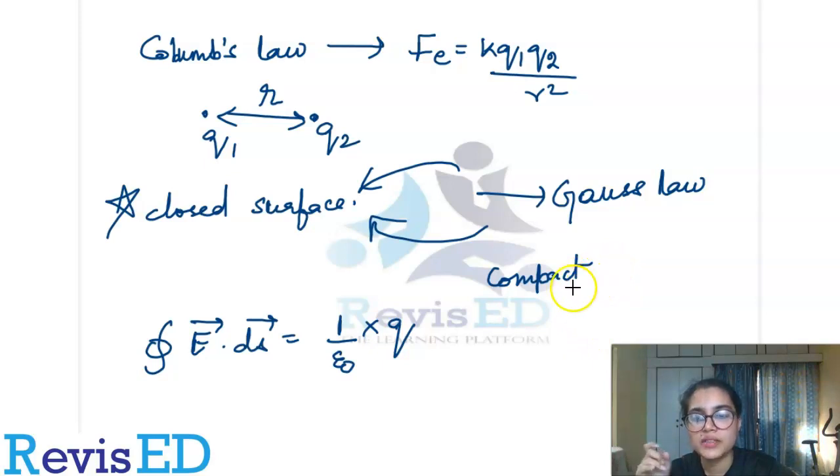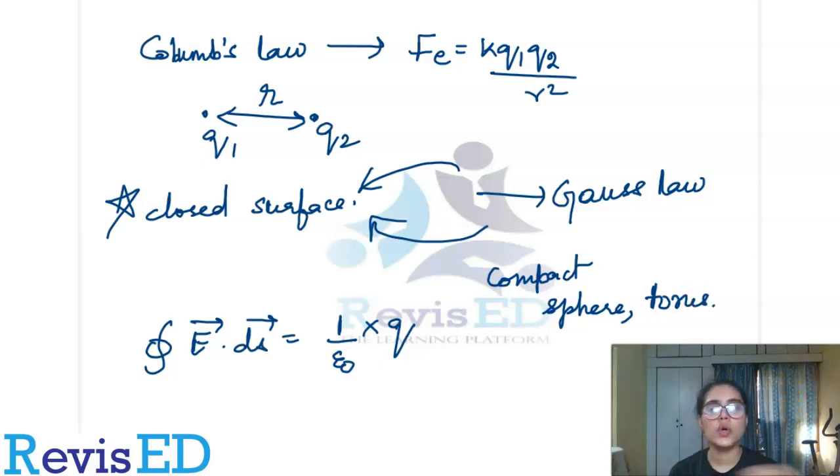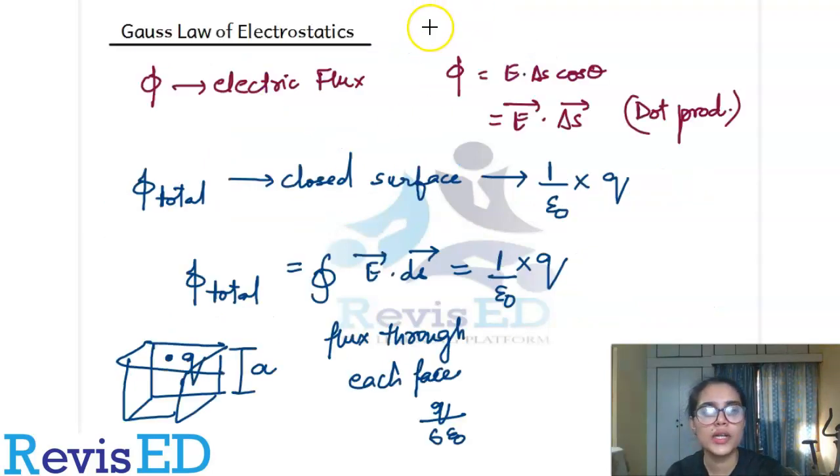For example, a sphere has no boundaries, and a torus has no boundaries. Whenever we are talking about closed surfaces, the law which comes into the picture to find the total number of electric field lines present in a body is known as Gauss law of electrostatics.